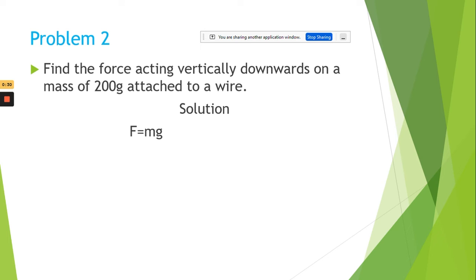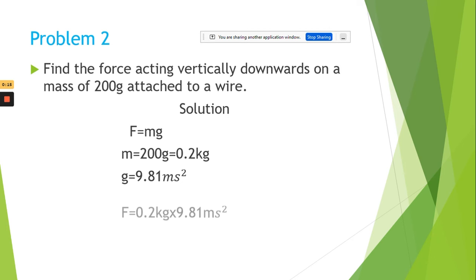This is the gravity. So we do the conversion of mass into kilograms, and we have the acceleration as what, class? 9.81 meter per second squared. Yes. So when we do the product of mass and acceleration, we have 1.962 newtons.